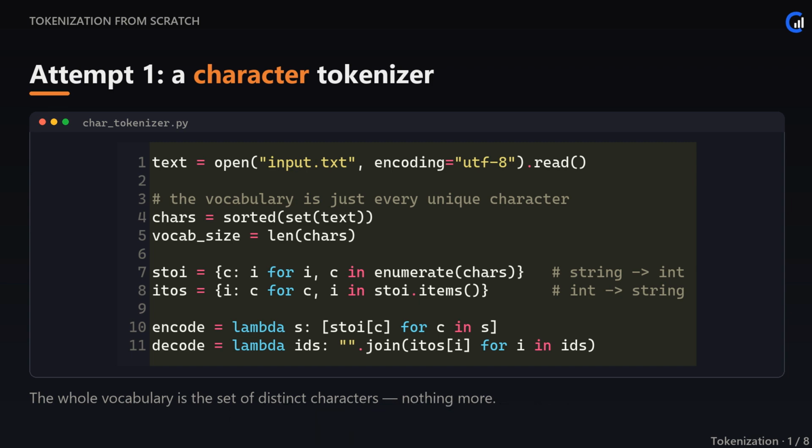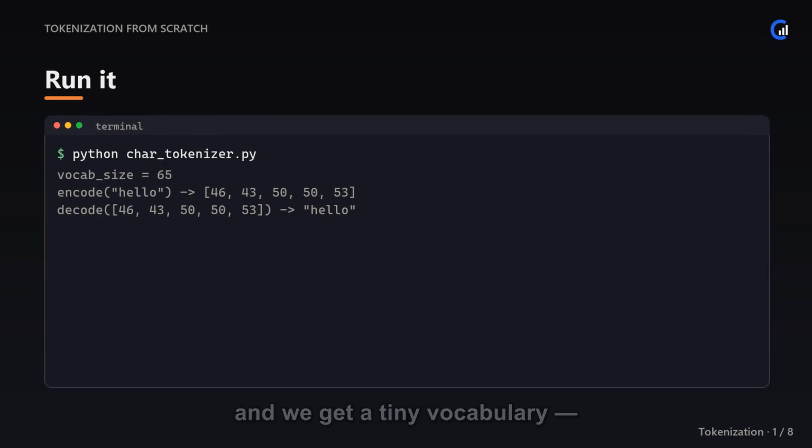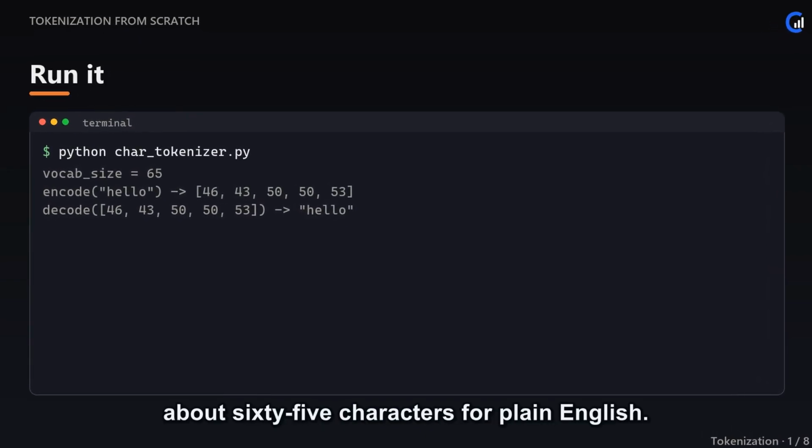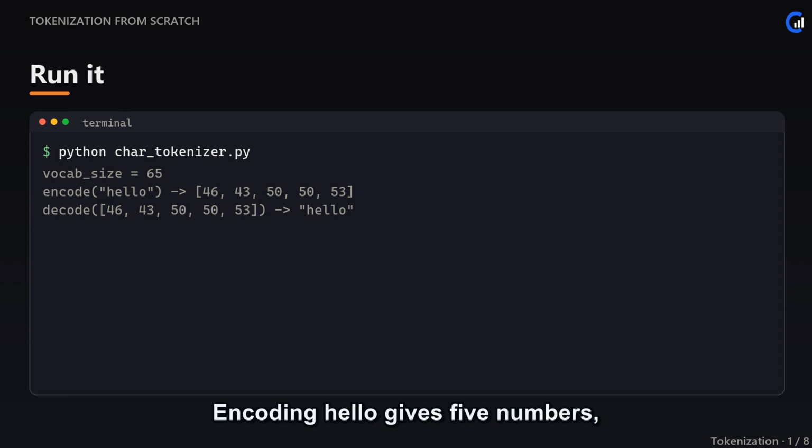So far so good. Run it, and we get a tiny vocabulary, about 65 characters for plain English. Encoding hello gives 5 numbers, and decoding them returns hello exactly. Lossless, simple, universal.